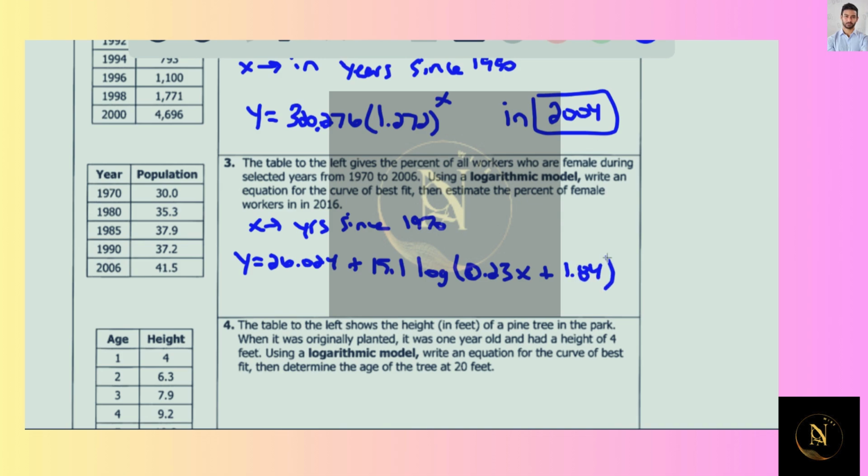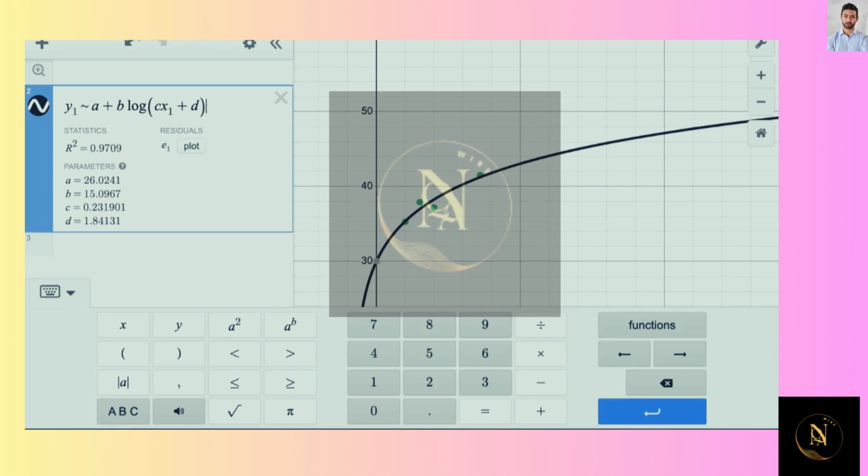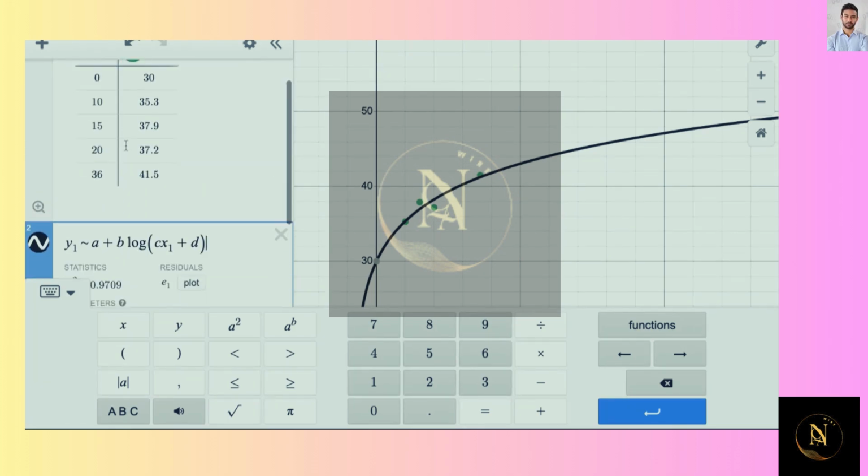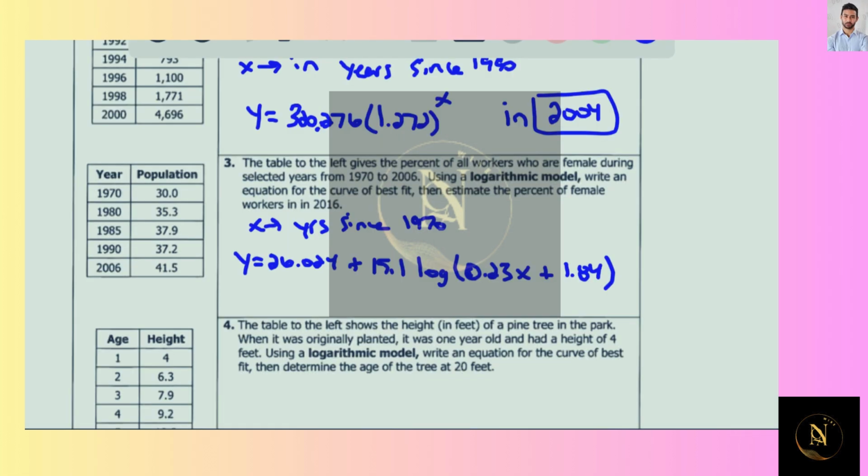Okay, and then if we use that to estimate the percent of female workers in 2016, that would be 46 years since 1970.